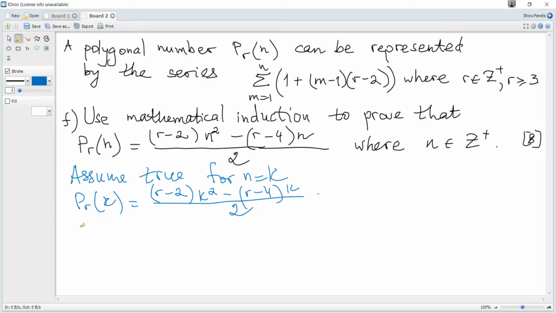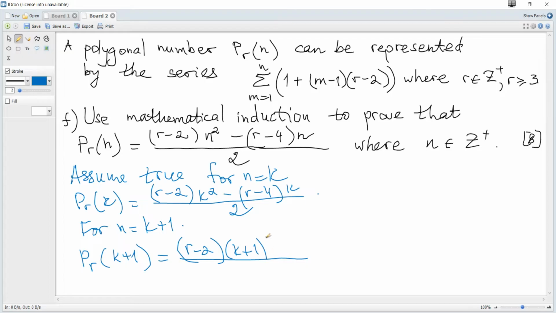And the next step is consider n is k plus 1. We should consider Pr of k plus 1, and our aim is to show that. Firstly we can just substitute k plus 1 into this proposition, so it becomes ((r minus 2)(k plus 1) squared minus (r minus 4)(k plus 1)) over 2, and we need to show that it's true.